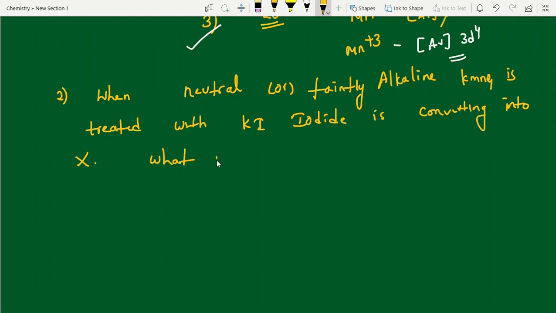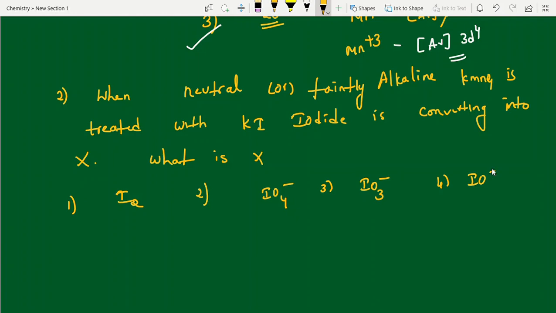This is your question. The options they had given: first option I2, second option IO4 minus, third option IO3 minus, fourth option IO minus.